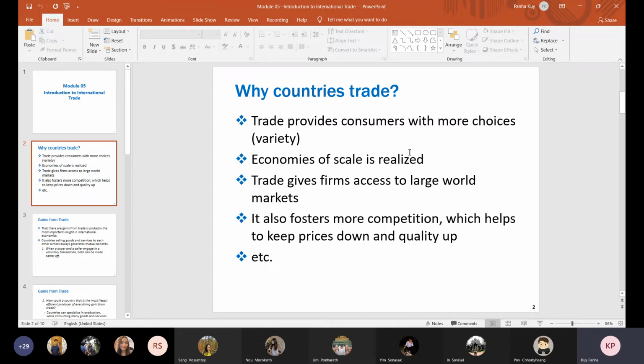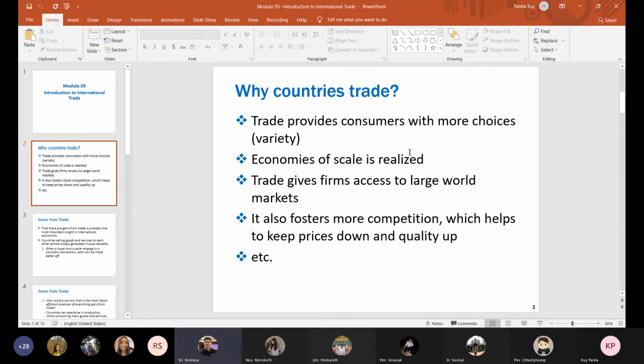Those things happen because of trade. See that? Countries trade and then consumers have more choices. Also, when you trade, the country can realize economies of scale. You know the term economies of scale?